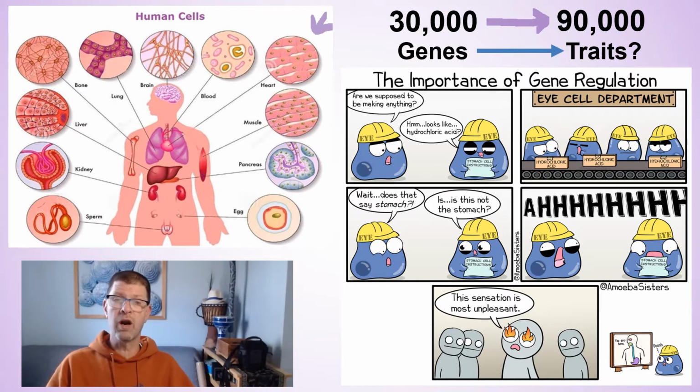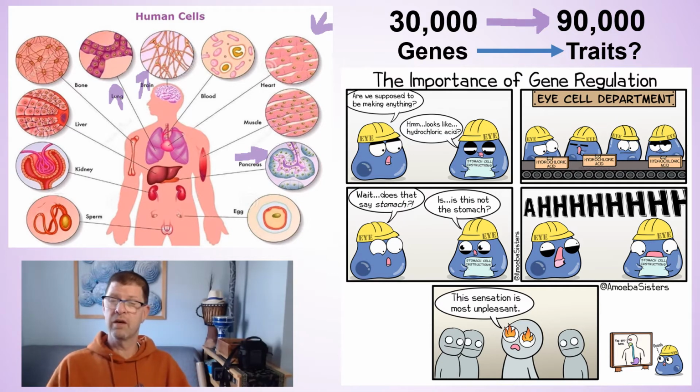The cells in your heart do not look the same as the ones in your pancreas, or the ones in your lungs, or the ones in your brain. Oh my goodness, why are they so different from each other if they all contain the same genes? That is because those genes are regulated and expressed differently.